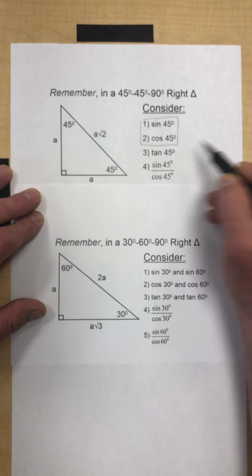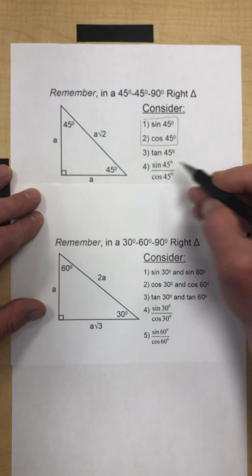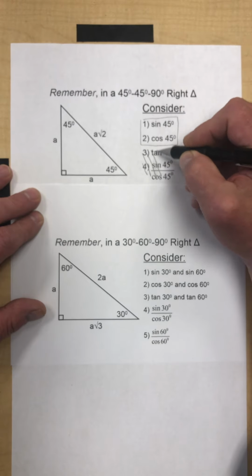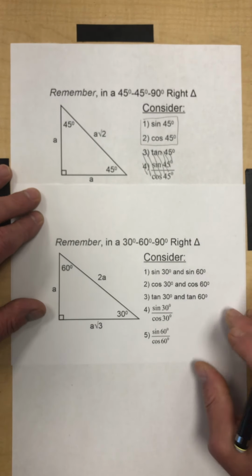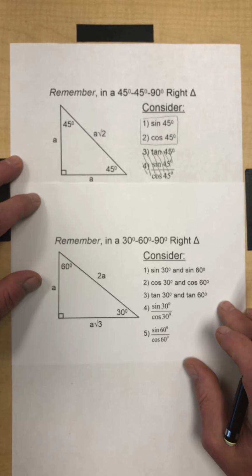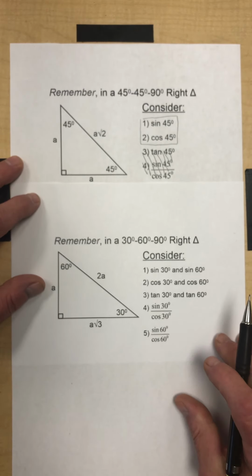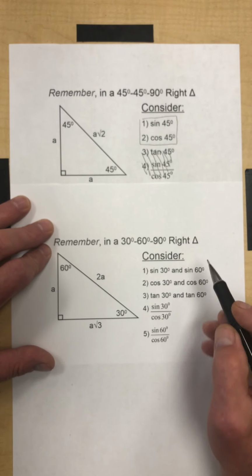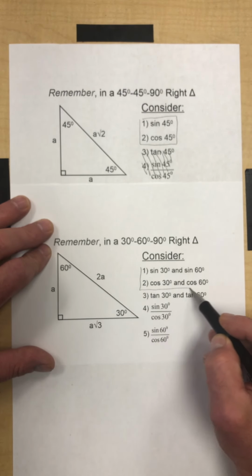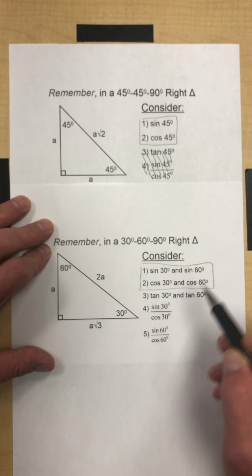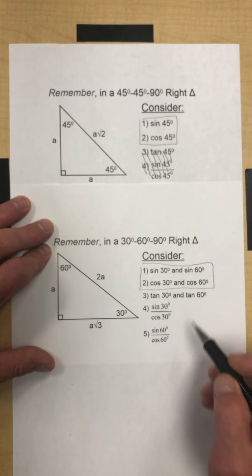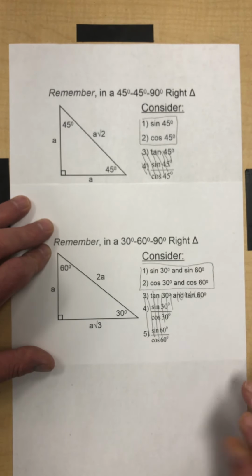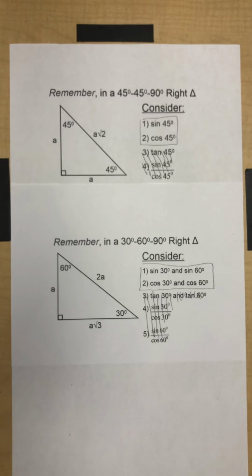If we were in school and I had more time to teach you, we'd deal with tangent, but we don't have the ability for you to be sitting in my classroom like you did all year long. So we've got to deal with sine and cosine of 45, and then down here, the sine and cosine of not only 30 degrees, but 60 degrees as well. And the stuff with tangent, again, we don't have the ability to do that right now because of our circumstances.